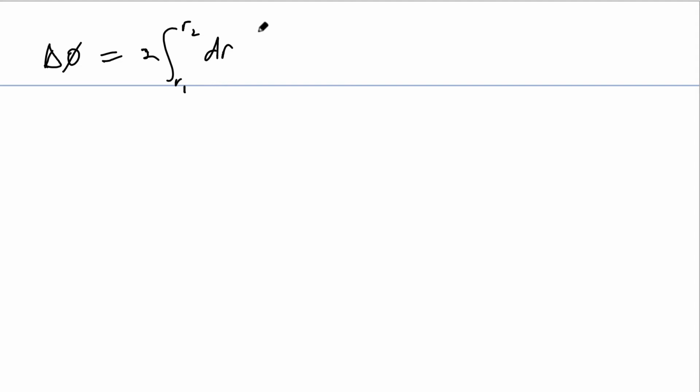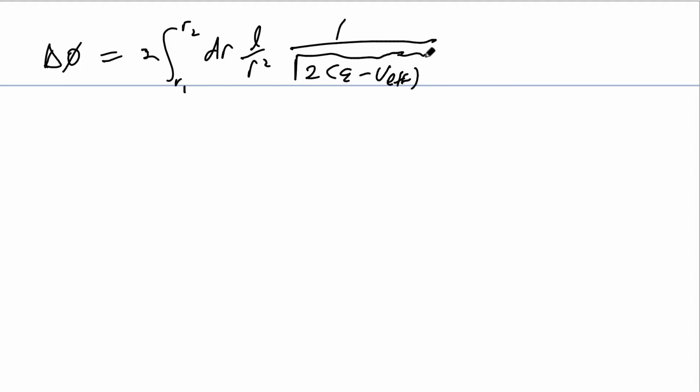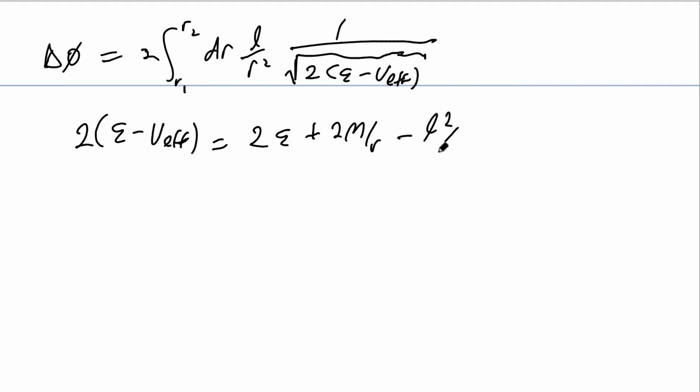This is the integral of dr L over r squared times 1 divided by the square root of 2e minus v effective, where this quantity under the square root, 2 times e minus v effective, is equal to 2e plus 2m over r minus L squared over r squared plus 2m L squared over r cubed.